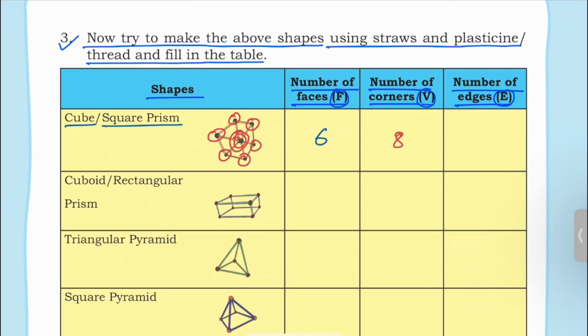Number of edges 1, 2, 3, 4, 5, 6, 7, 8, 9, 10, 11 and 12. Let's do it once again. Number of faces in a cube 1, 2, 3, 4 and one in front, one in back, 5 and 6. 6 faces.